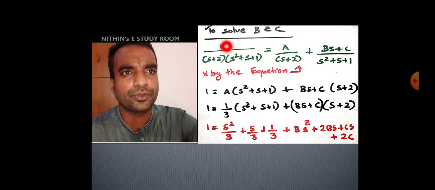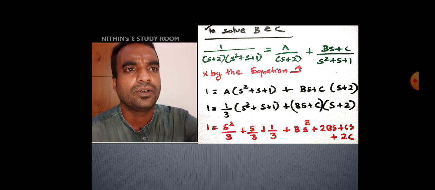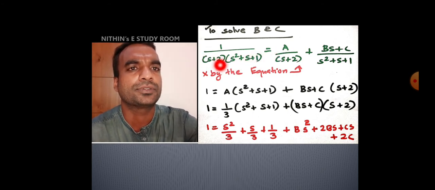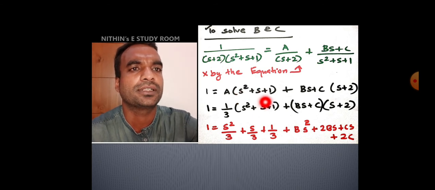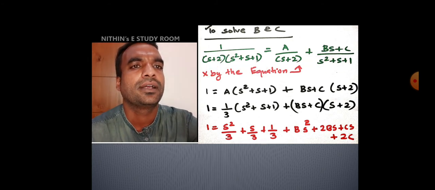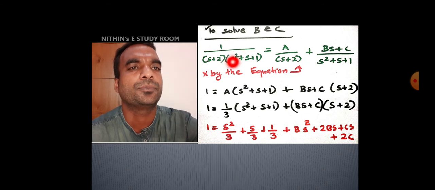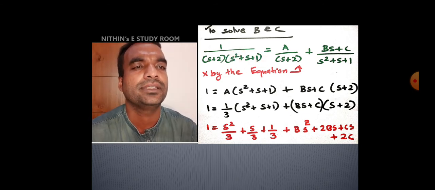On this side you will get only 1. On this side, A into this term, so s plus 2 will get cancelled: A into s square plus s plus 1, and for this term, bs plus c into the total term, so the denominator will get cancelled: bs plus c into s plus 2.